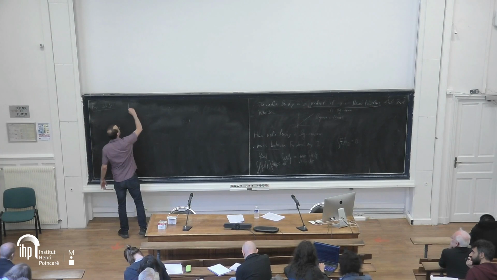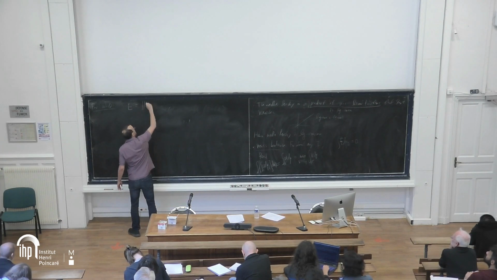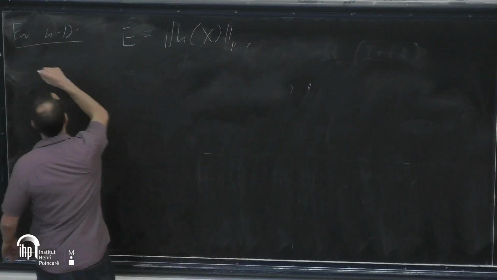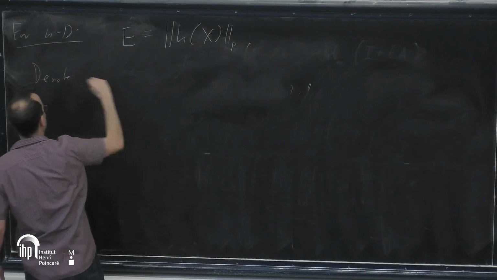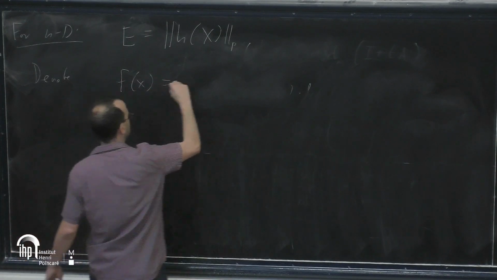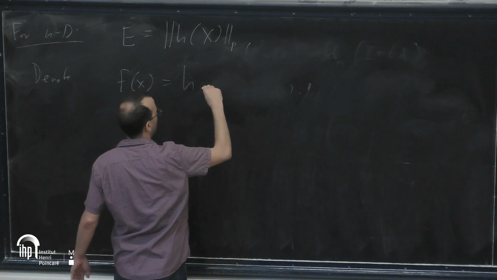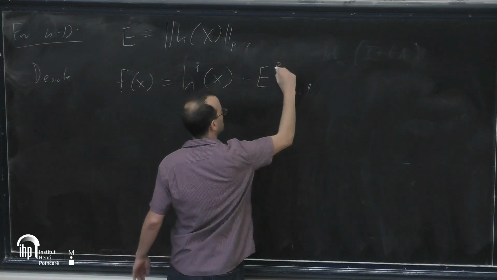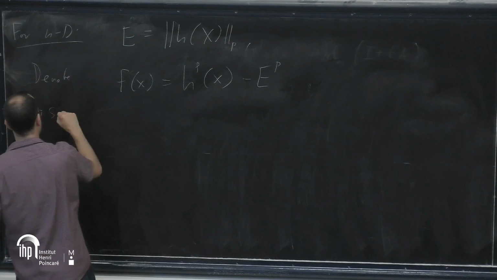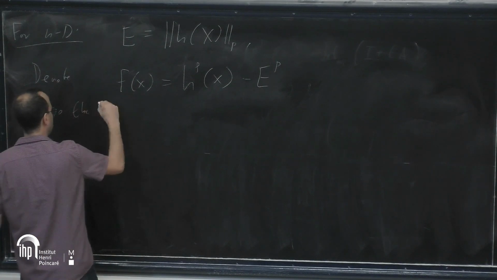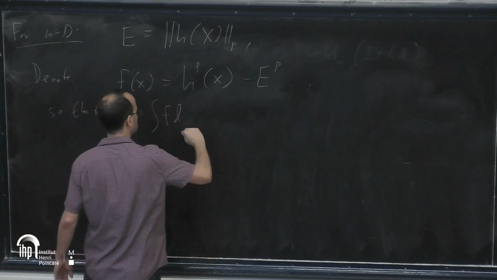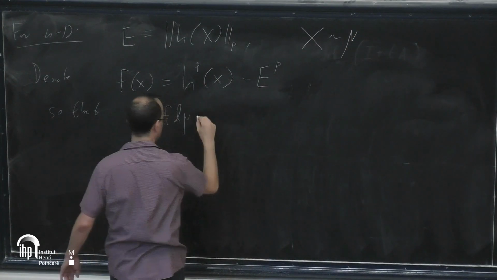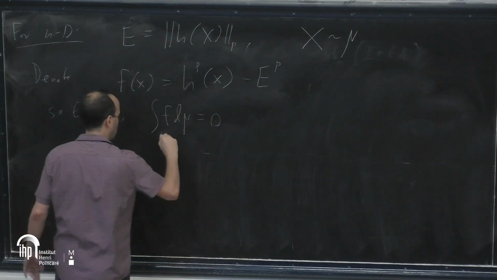Let's denote by E its LP norm. Let's define f of x to be h of x to the p minus E to the p, so that the integral of f d mu is 0. The measure is mu, and mu is log concave.